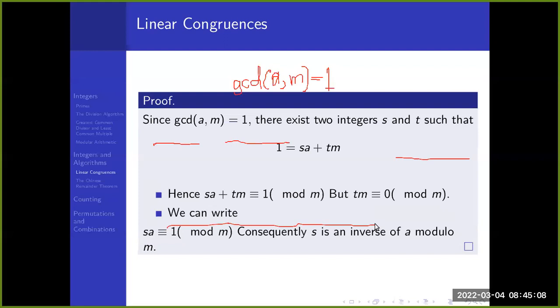Now, again, from the previous theorem, we stated that if you get the difference 1 minus sa, this will be equal to a multiple of m.